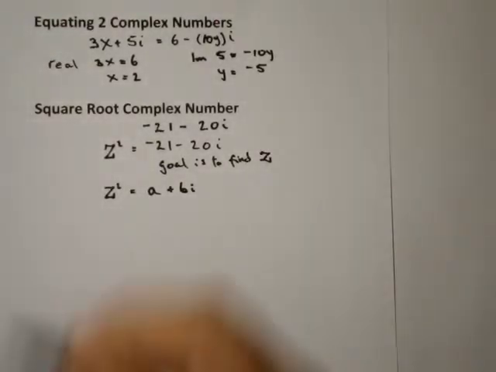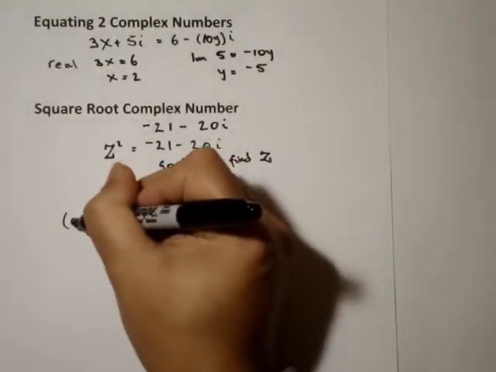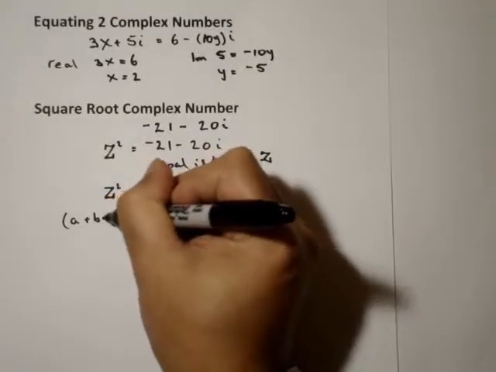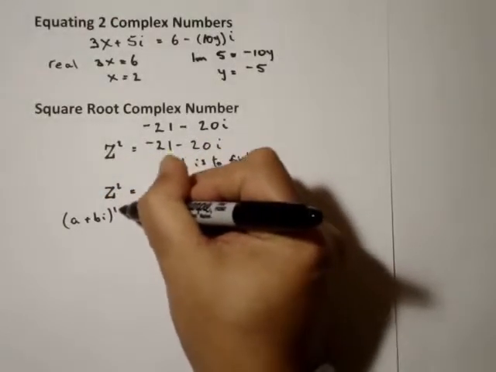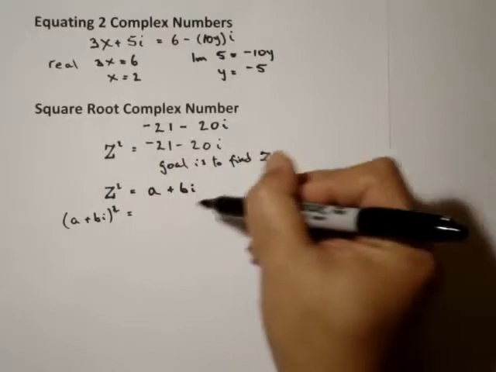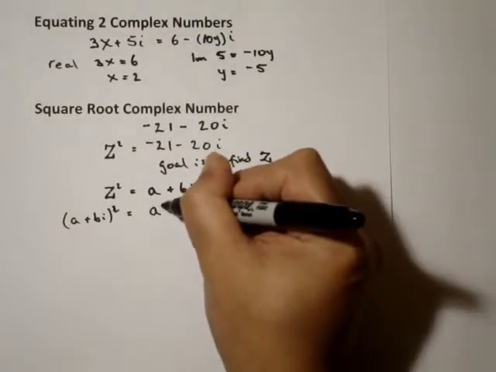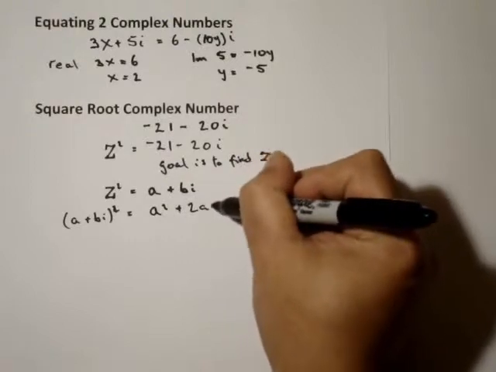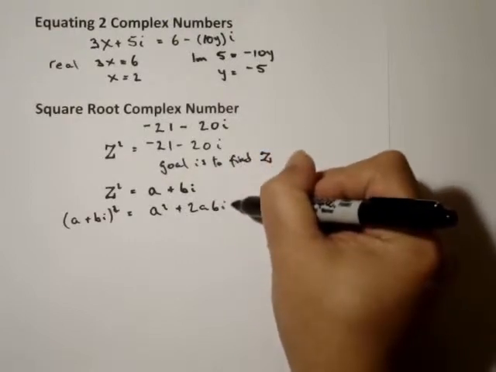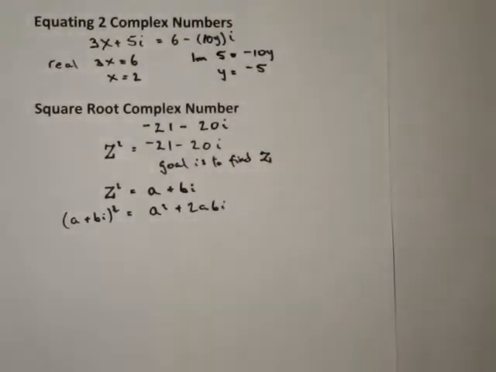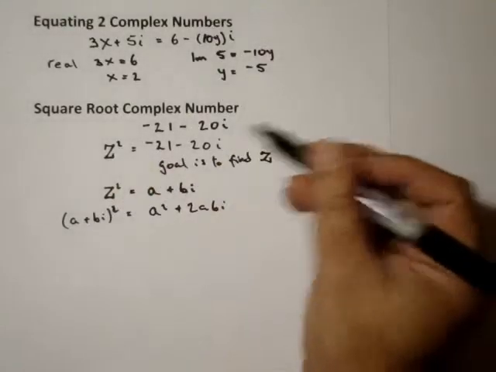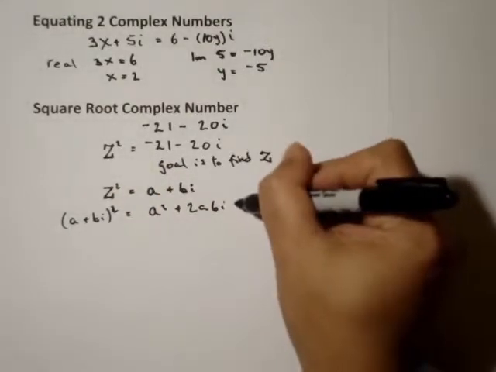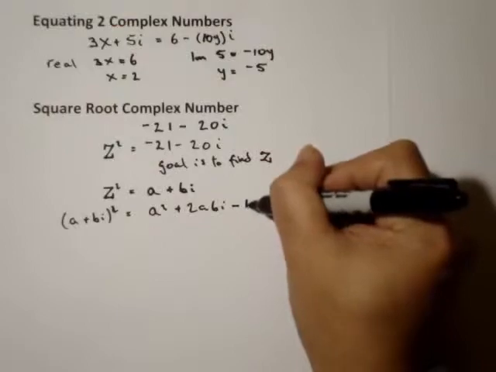So a plus bi squared, that is the first squared, a squared, plus 2abi, and then plus the imaginary number squared, but i squared is minus 1, so this becomes minus b squared.